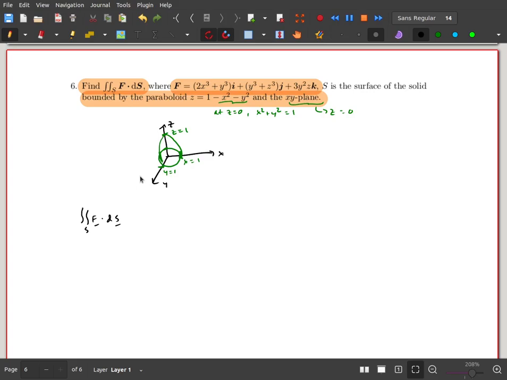So let's try the divergence theorem. And the good hint is that the divergence theorem relates the integral that's given in the question to a volume integral.